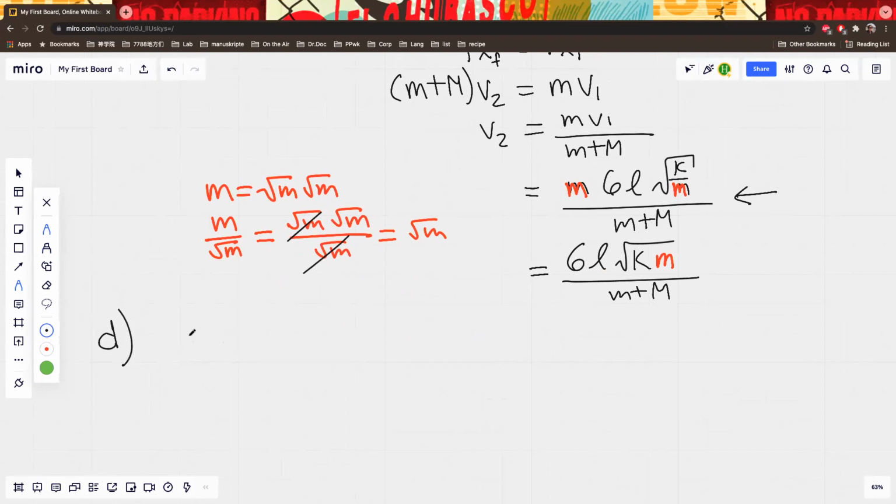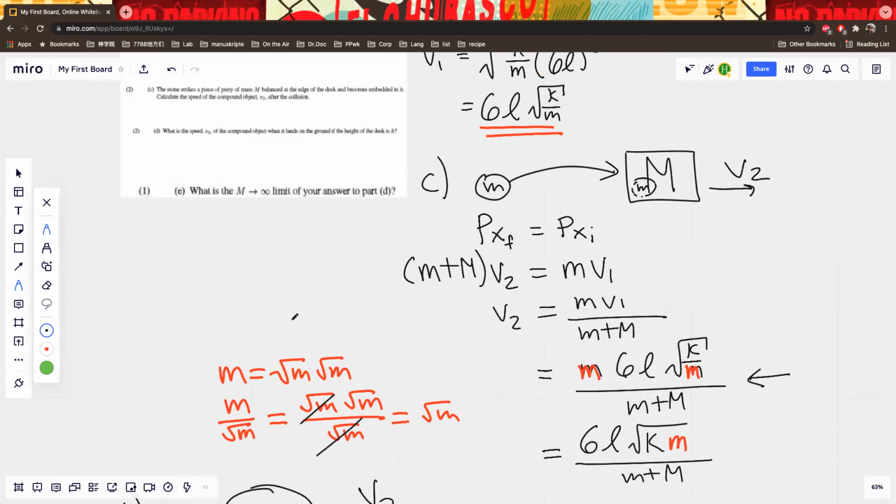we have that this collision happened and we now have a mass m plus capital M, and it falls off of this desk. I suppose it has V2 when it falls off the desk, because the stone hit the putty and got stuck to it.